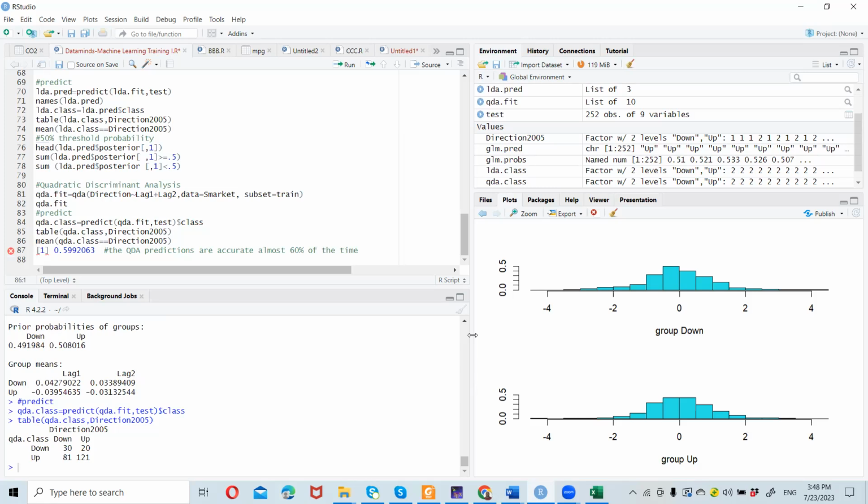If it tells you that there's a rise in the stock market, there's 60% assurance that it actually rises on a particular day. That is what this discriminant analysis has given us.